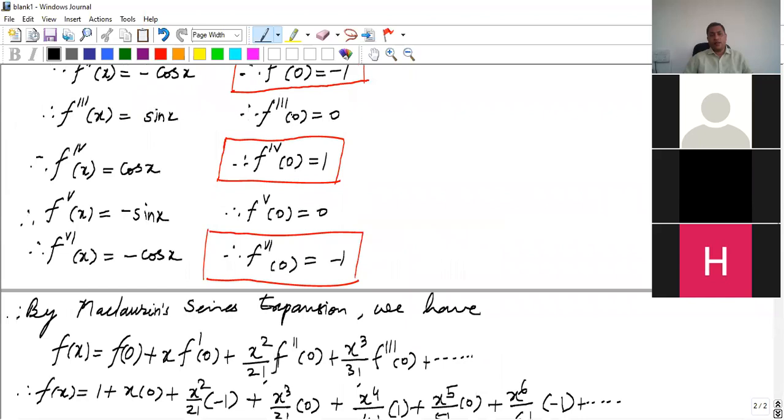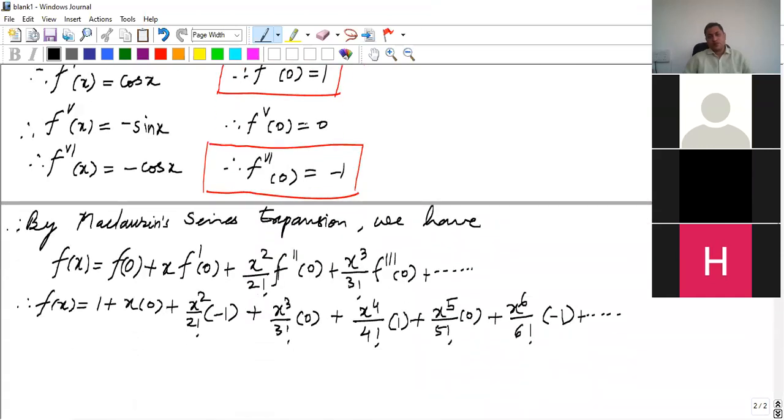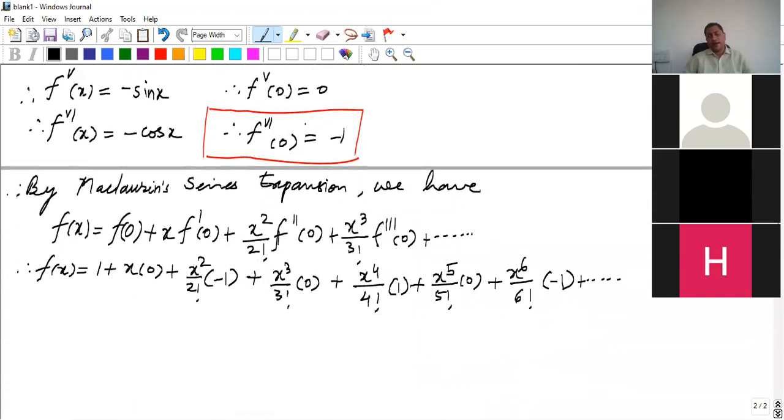So you can see these terms f dash at 0, f triple dash at 0 and f5, these are going to be 0, whereas all the odd terms are going to be 0 and even derivatives are going to be alternating plus minus. So the first was plus, then the second was minus, then the fourth was plus, and the sixth is minus.